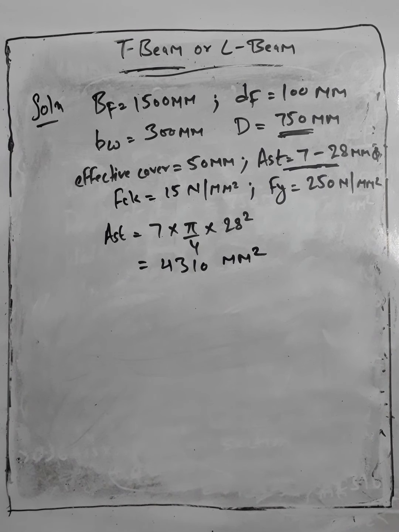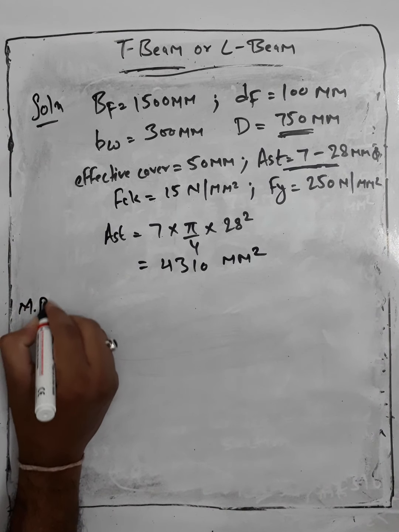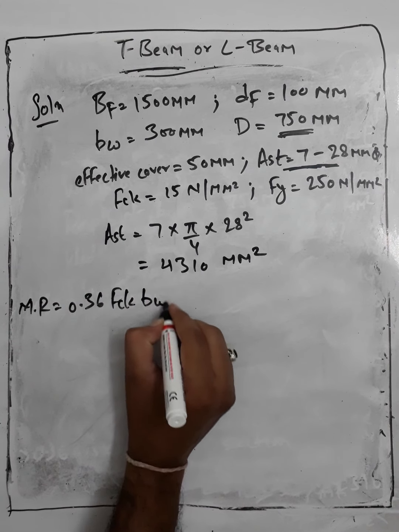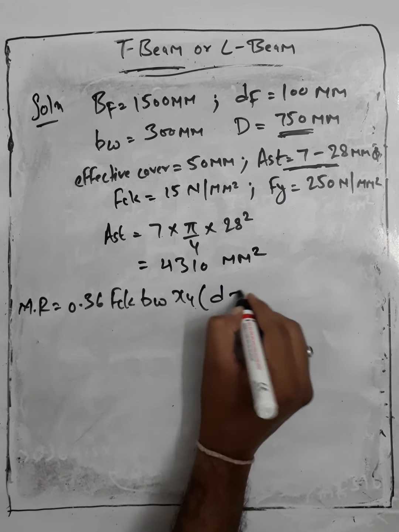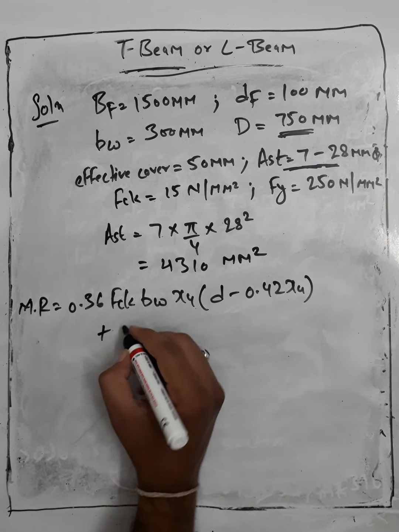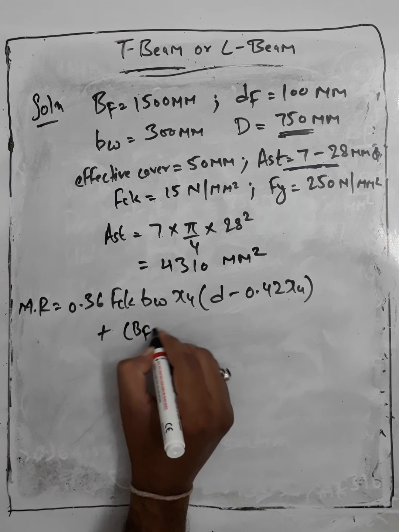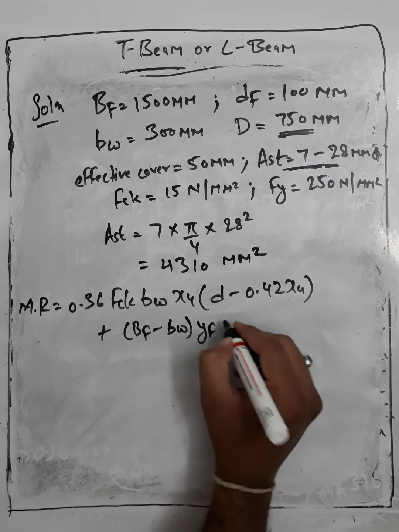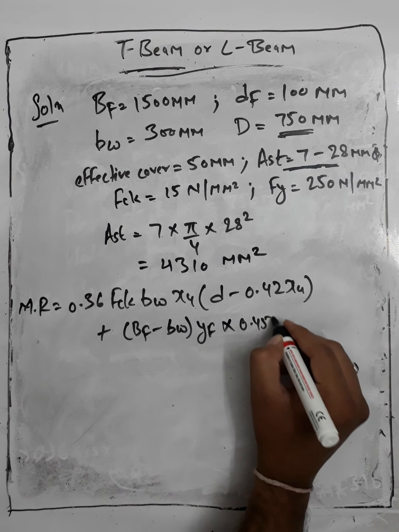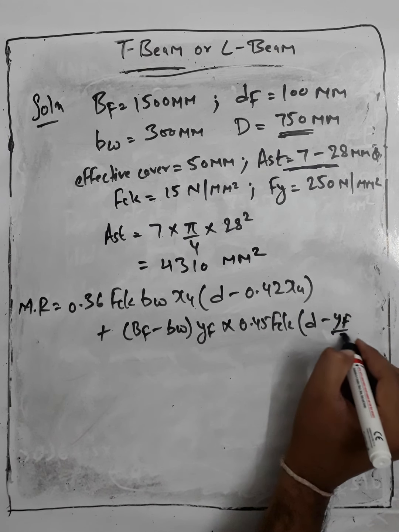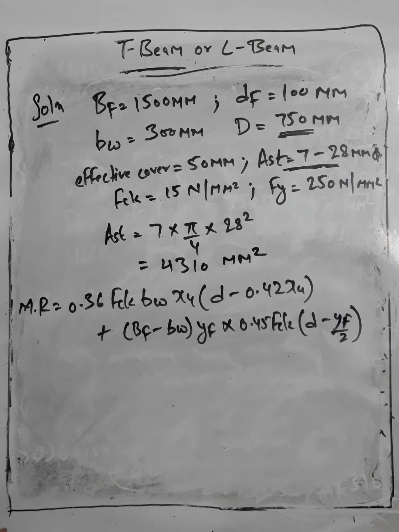The moment of resistance equation is 0.36 fck bw Xu (d minus 0.42 Xu) plus (bf minus bw) into Yf into 0.45 fck (d minus Yf by 2).